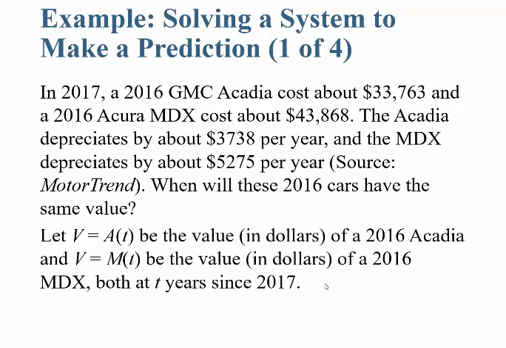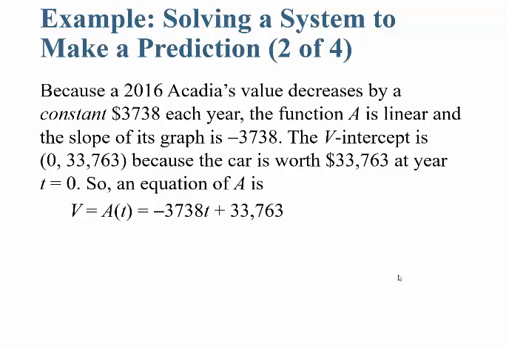We're going to let V equal A(t) be the value in dollars of the 2016 Acadia, and V equal M(t) be the value in dollars of the 2016 MDX, both at t years since 2017.